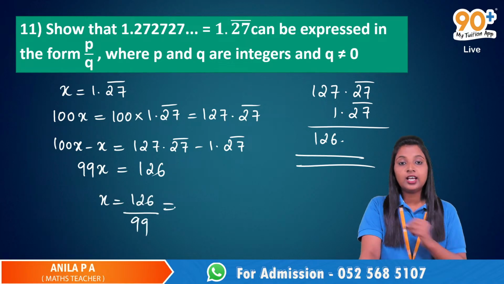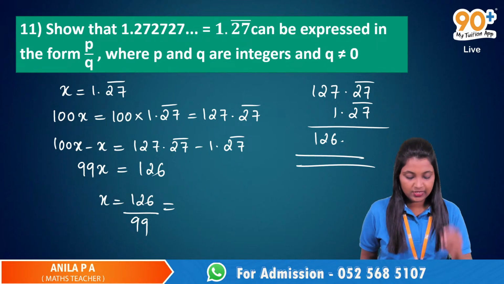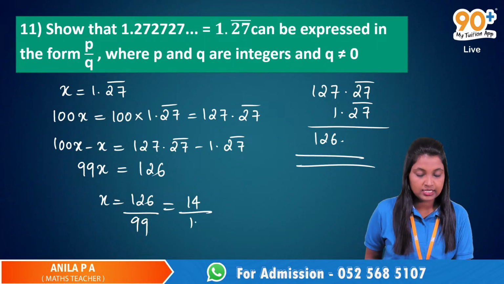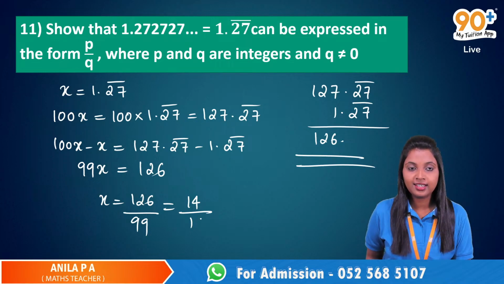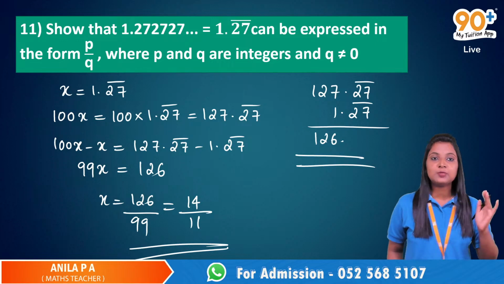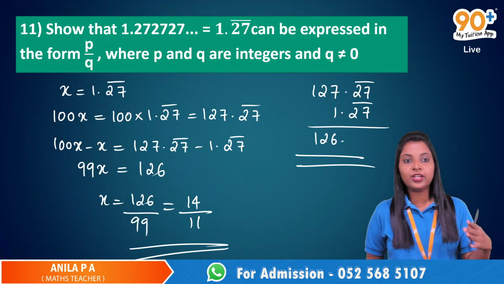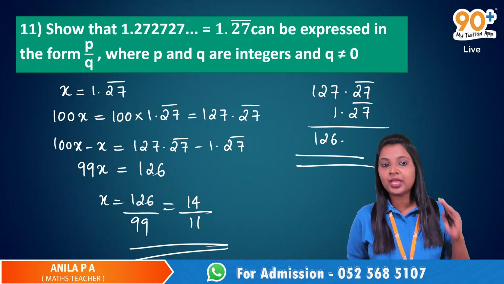Yes, the value of x is equal to 126 by 99. When we simplify it, we get 14 by 11. Okay, so we expressed this 1.2727 etc, or this 1.27 bar, in the form of p by q.